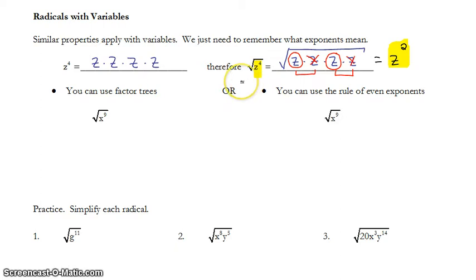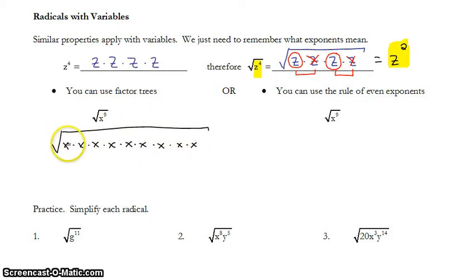So at the end of the day, when I'm simplifying with radicals, I can do this in one of two ways. I can use my factor trees, or I know x to the ninth I could do and work just like I had up here and say, well, that's the square root of x times x times x times x times x times x times x times x times x.